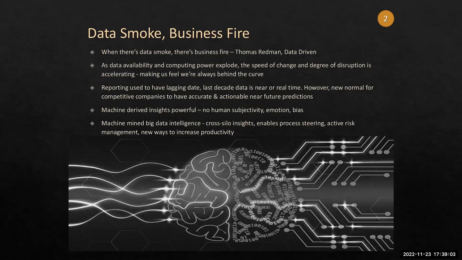There's so much new value that can be derived when we look at data across different silos that doesn't get shared traditionally. This is a little bit of a primer before we move into the actual area of artificial intelligence, because data is like the feedstock, the raw material for AI to be able to work. Next slide, please.